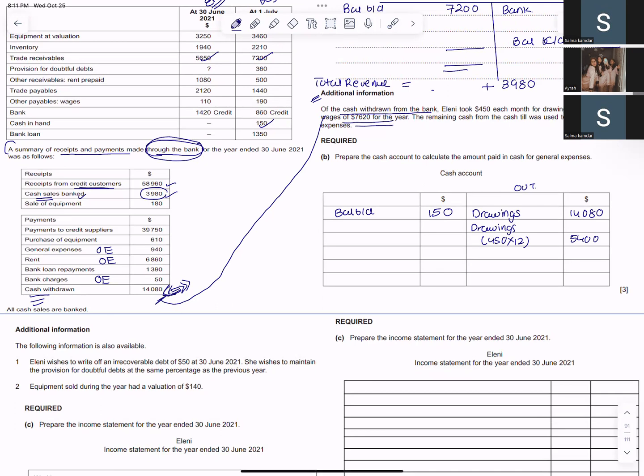So this will be wages on the credit side. How much? 7,620. Then read the other part. The remaining cash from the cash till was used to pay for general expenses. That means your cash till is your cash account. So the remaining cash that was there in the cash box, the balance, is used to pay other expenses.